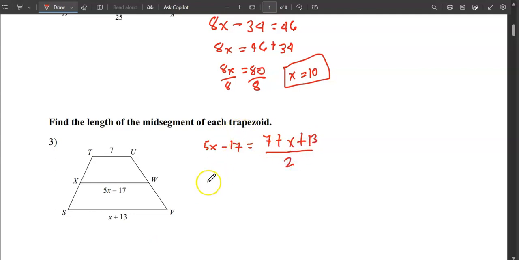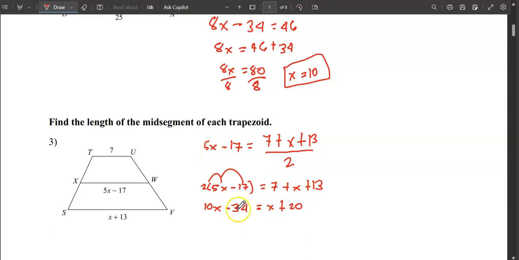Then again, cross multiply. This will become 2 times 5x minus 17 equals 7 plus x plus 13. And then simplify, distribute. This will become 10x minus 34 equals x plus 20.